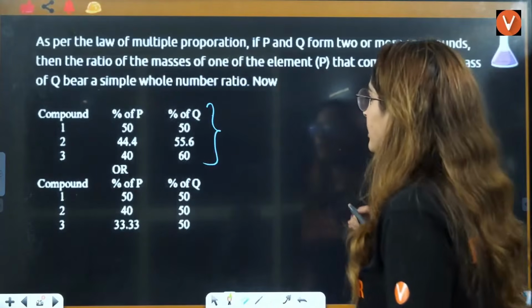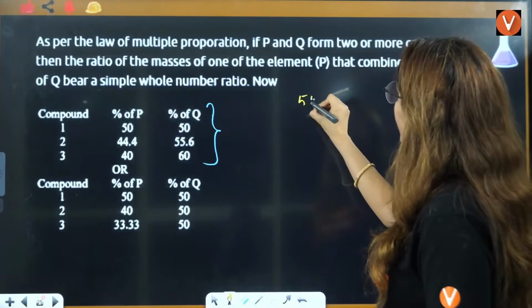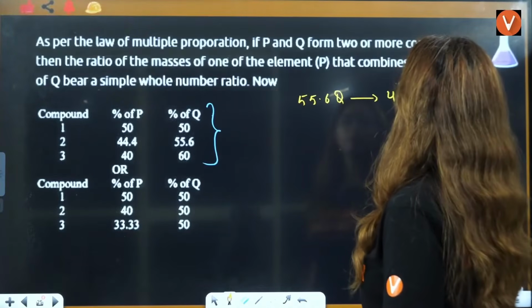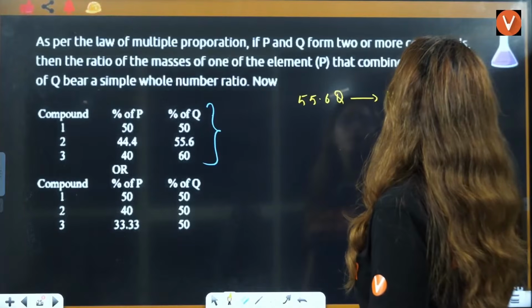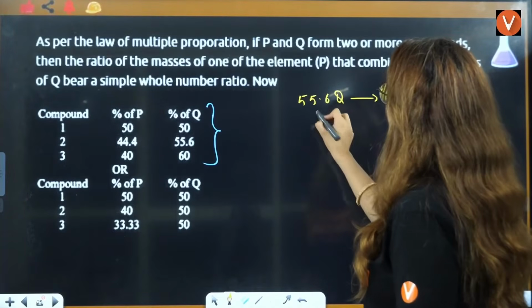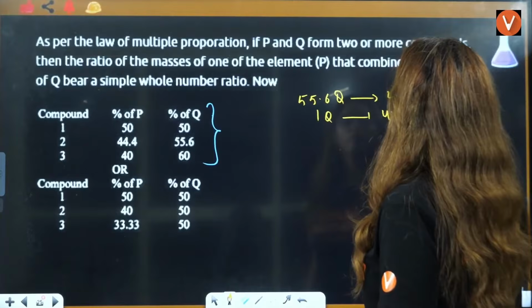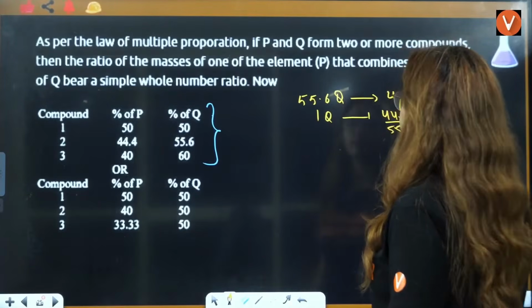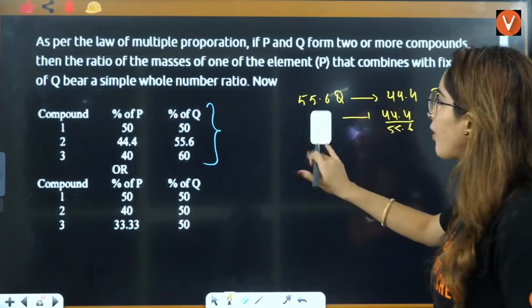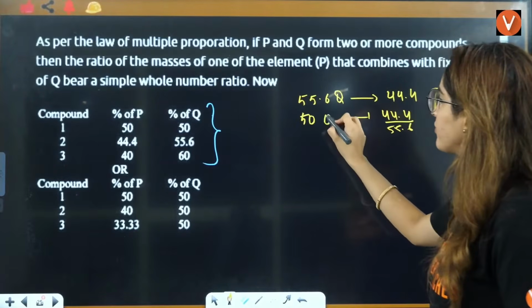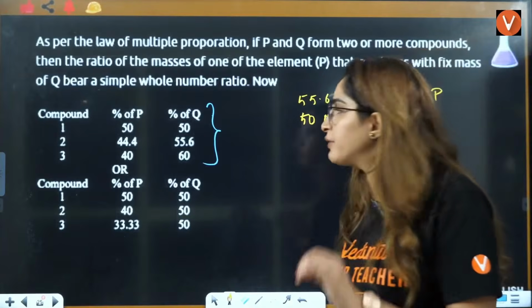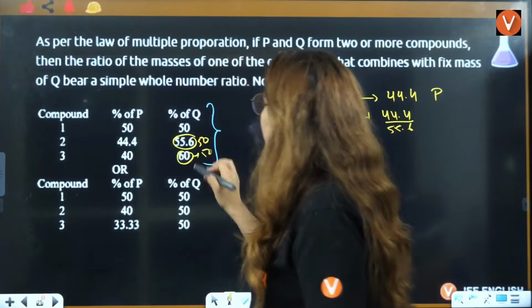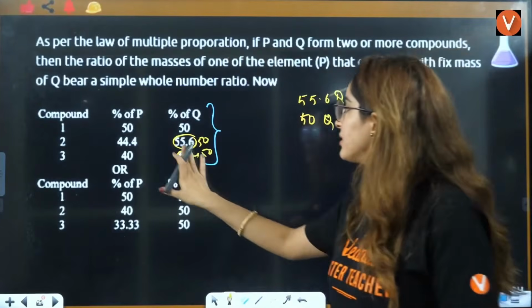Now see this thing. We can say in 55.6 of Q, you have 44.4% of P. Then 1 of Q will have 44.4 divided by 55.6. Then what about 50 of Q? Because we want to make this also 50, this also 50, for that we have to apply the unitary method, right?